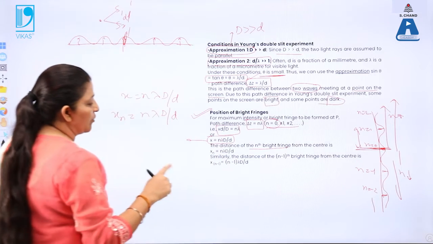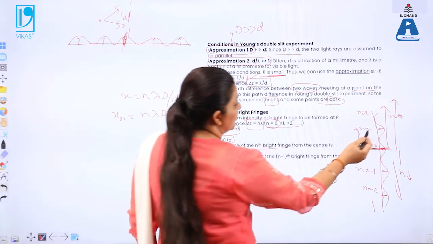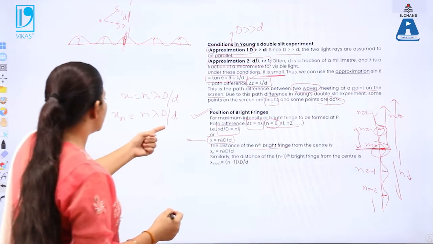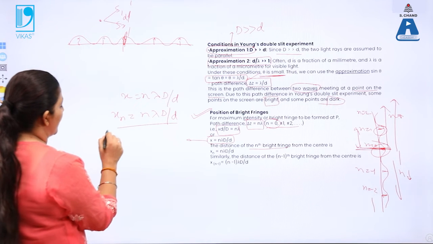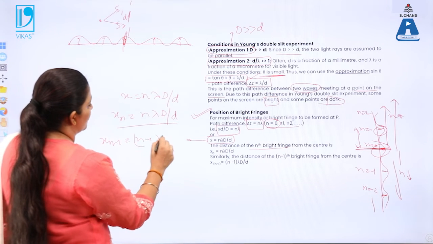Now if we want to calculate the distance between two maxima, for the nth maxima this is the path difference. Now for n minus 1, that will be n minus 1, so put n equals to minus 1 over here.